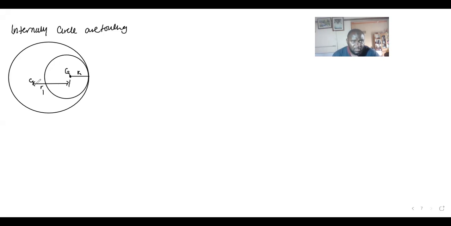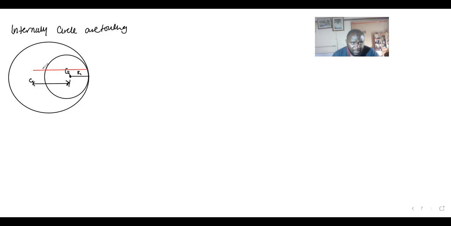So the distance between the two centers, actually, the distance from here up to here is C1C2. R1 is not there. R1 is here in red. Let me put it in red. So R1 is from the center here to there.